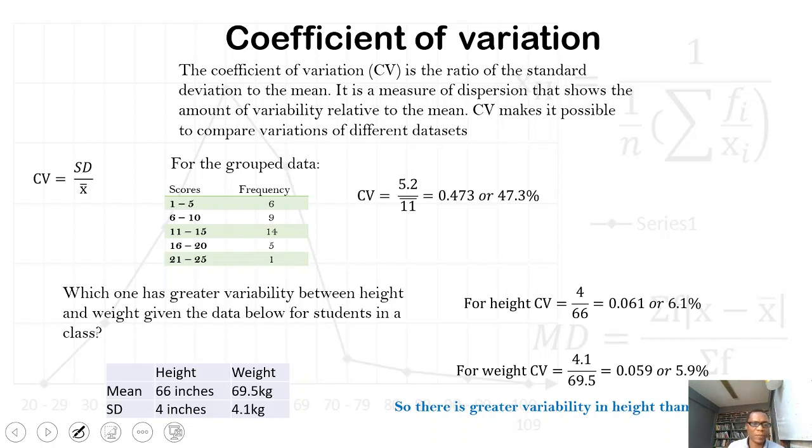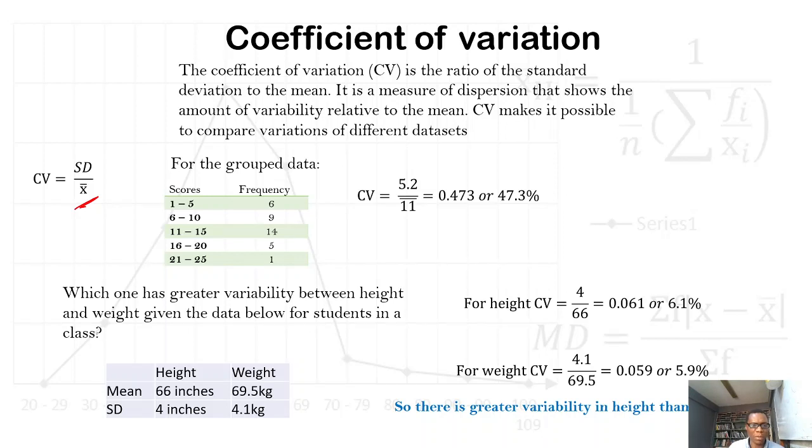And the formula is the standard deviation divided by the mean. So if you have these data sets, for instance, we used these data sets earlier.